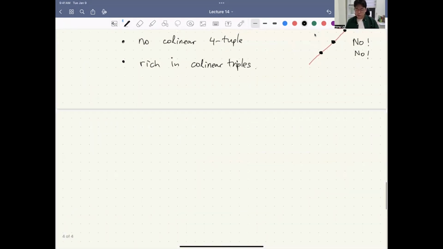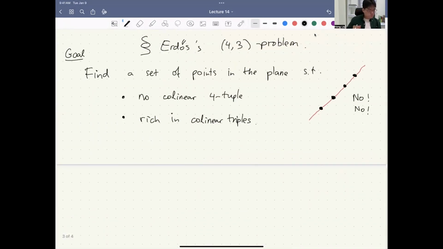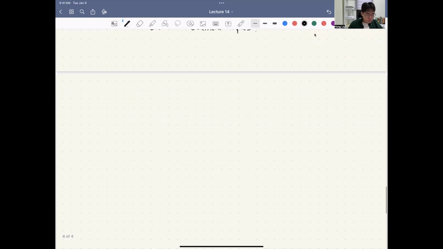So let's formulate this question formally. Given a definition, let's first define points in general position.